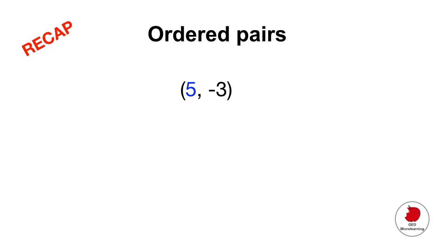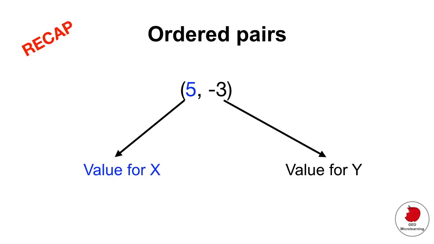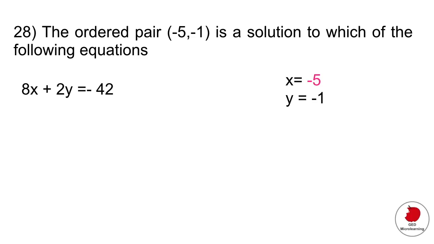Okay, so the first value, they're ordered alphabetically. Okay, so the first number is going to be an x value, the second number is going to be your y coordinate. Okay, so now if we go back to our question, we know that our x is minus 5 and our y value is minus 1, and all we have to do is plug those numbers into that equation there on the left.